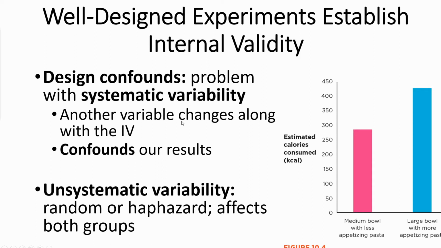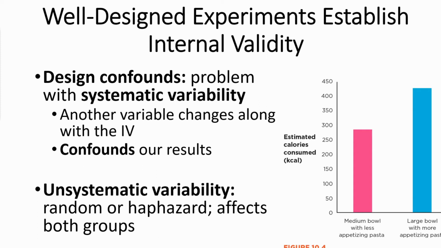Now, our last of our three criteria is internal validity. And so this one's a little bit more complicated. You can't necessarily say that all experiments establish internal validity, because internal validity is going to depend very strongly on how your experiment is set up.